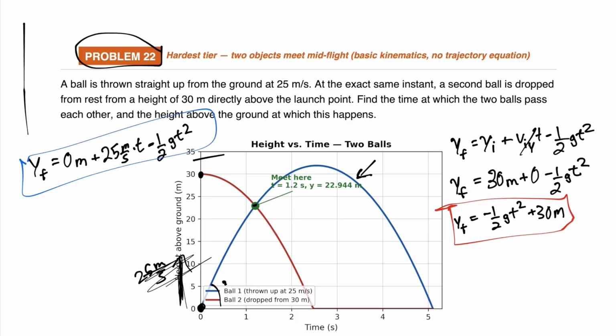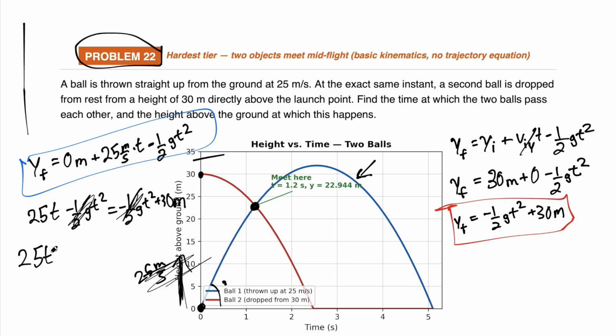Now you set both these equations equal to each other, okay? Why? Because YF has to be equal to each other for them to meet, right? So 25t minus 1/2 gt squared is equal to negative 1/2 gt squared plus 30 meters. The 1/2 gt squareds both cancel out.